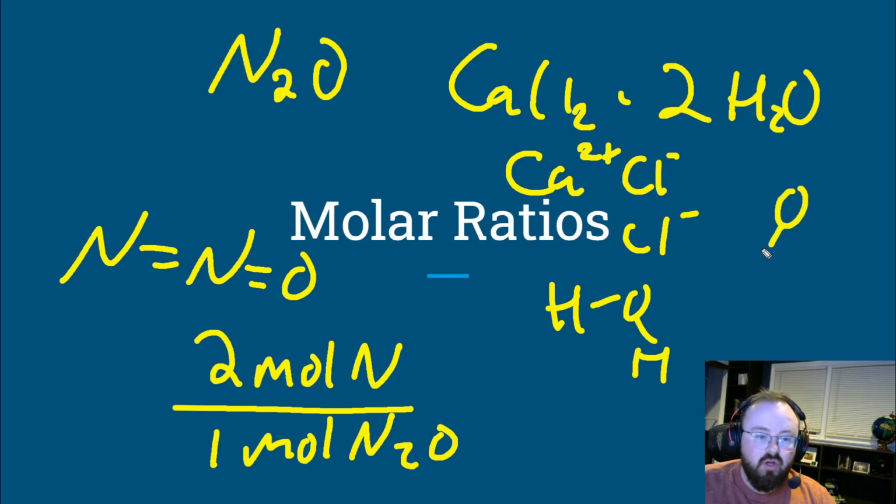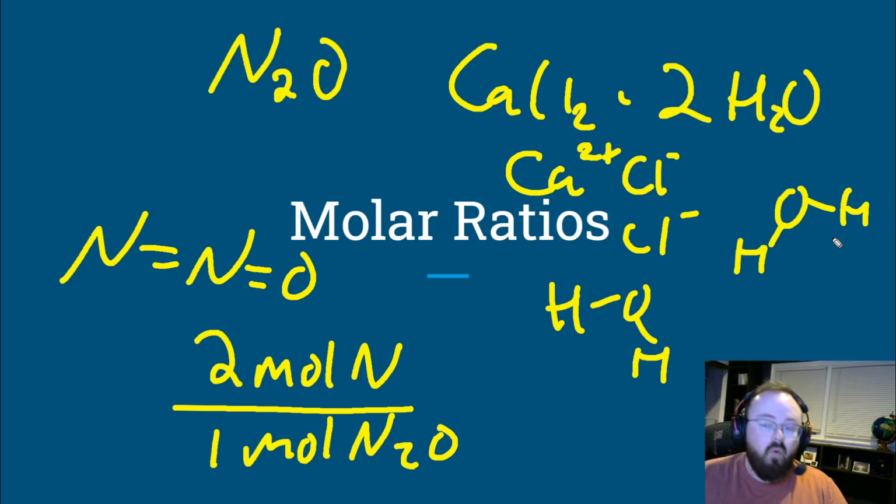And it's a ratio. It's a count. For every single time that I have calcium chloride, I have 2 molecules of water. And so this is not necessarily a new type of ratio, but we're going to be seeing it in a different way. We're going to be seeing it in terms of a chemical reaction.